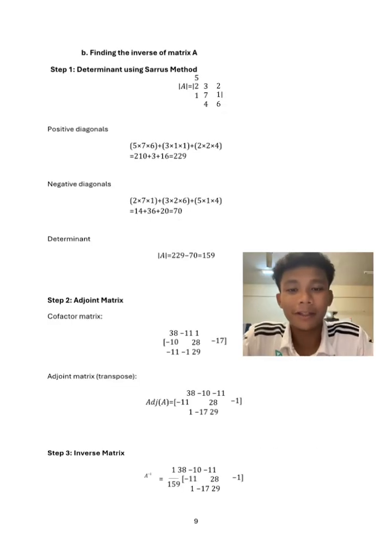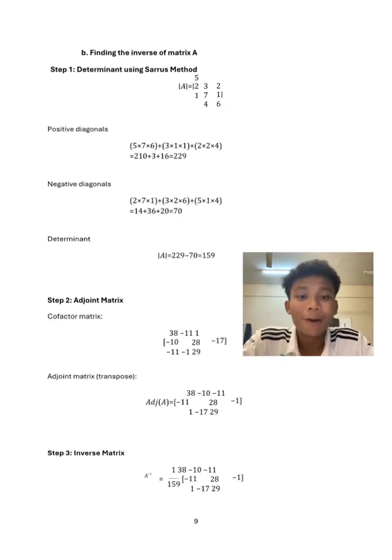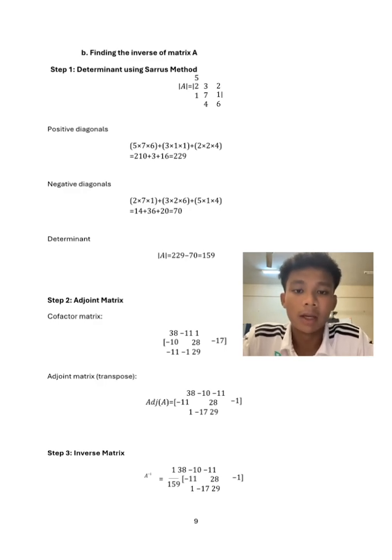Next, to find the inverse of matrix A, we calculate the determinant using the Sarrus method by summing the product of the positive diagonals. 5 times 7 times 6 plus 3 times 1 times 1 plus 2 times 2 times 4 to get 229.